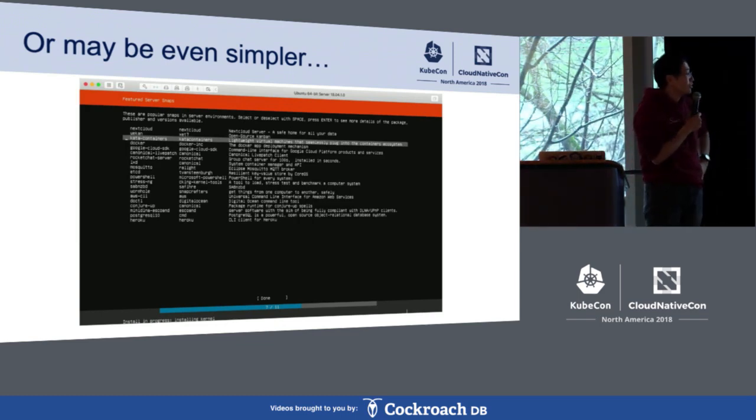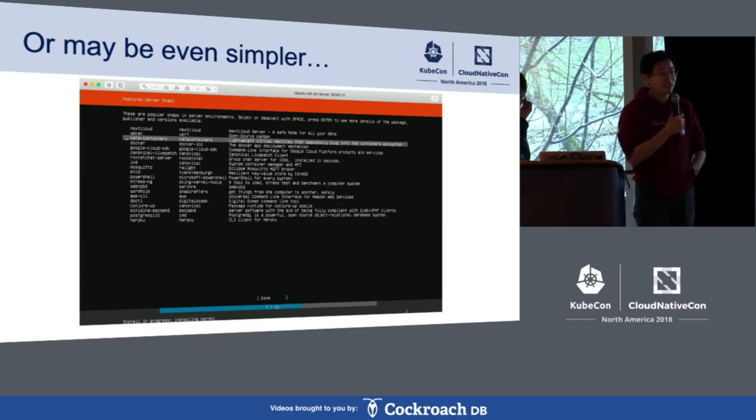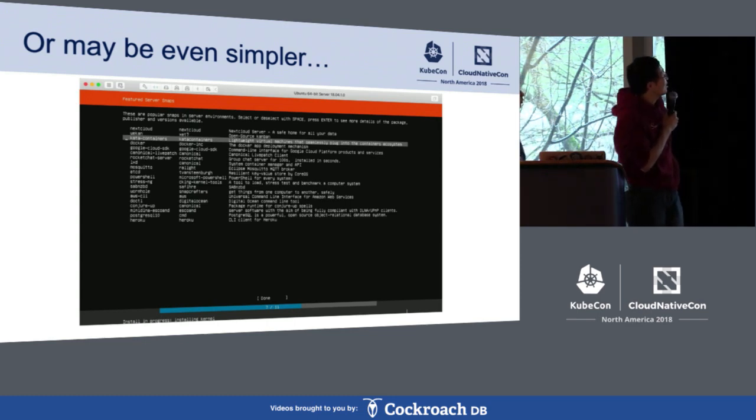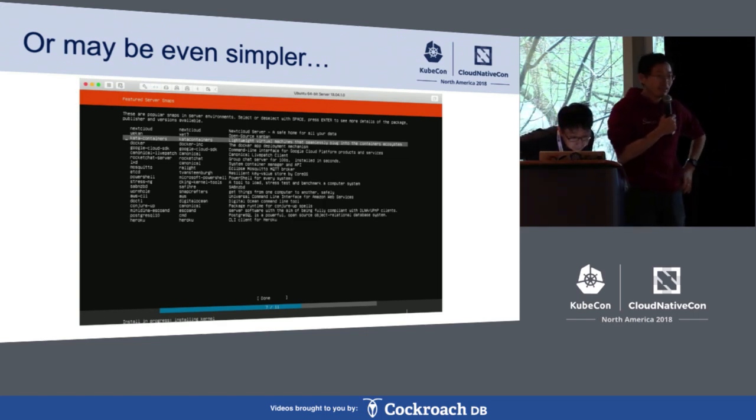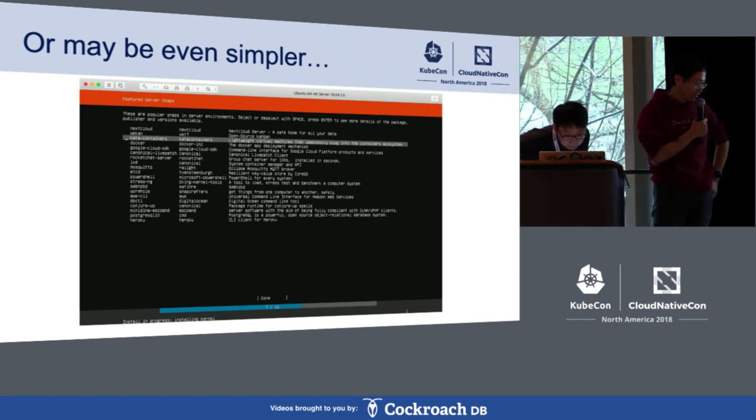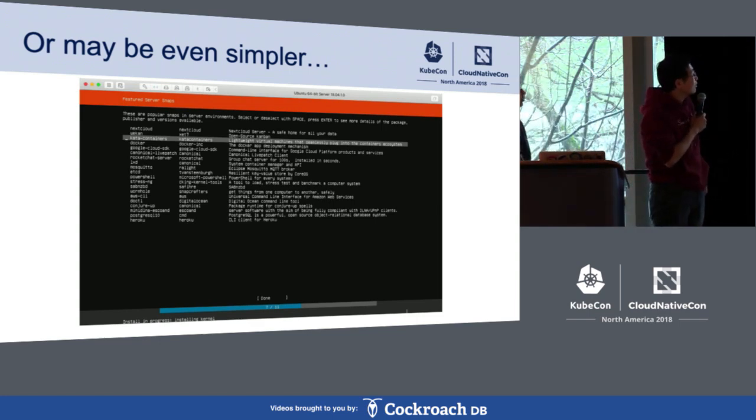When I prepared this tutorial, I tried to install a new virtual machine for the demos. When I installed Ubuntu 18.04, I found something amazing: there is a page for some server snaps, and they have a Kata Containers option.